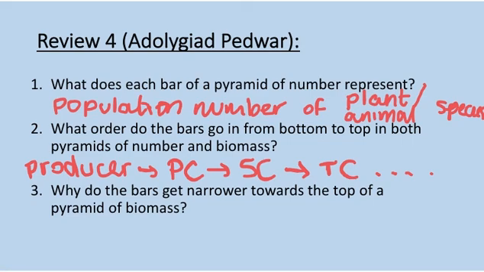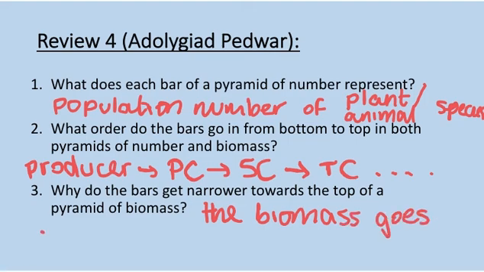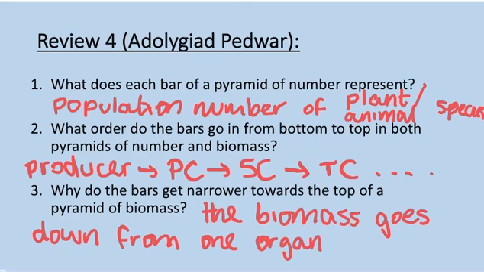Number 3, why do the bars get narrower towards the top of a pyramid of biomass? That's because the biomass goes down from one organism to the next.